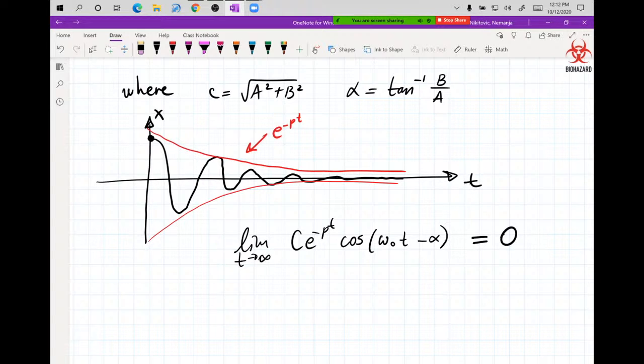You still have your period and frequency and all of that stuff. It's just that the amplitude of the motion, how far the object goes out, dies out as time goes on, and the object stops eventually.